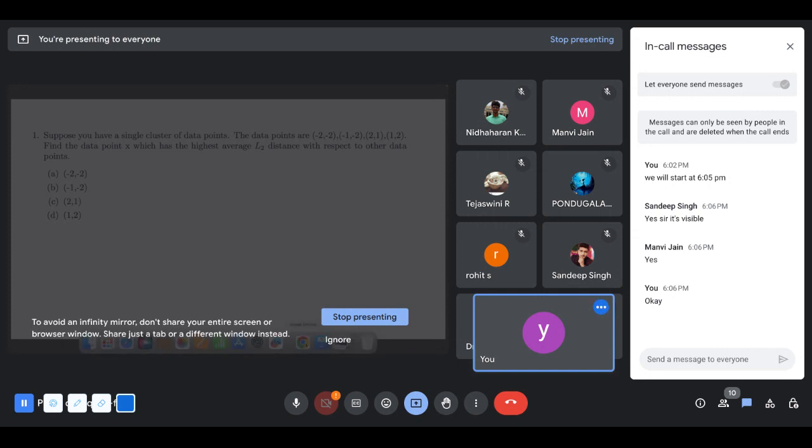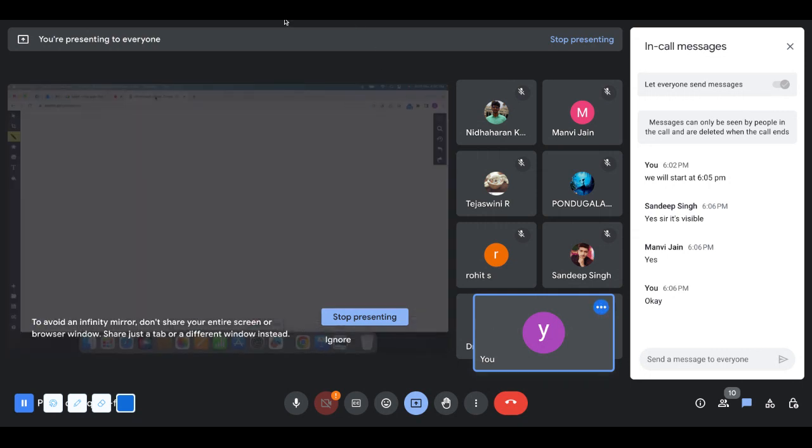So basically, what we will do is very simple. You are given these points x1, x2, x3, and x4, and you are asked to find which point has the maximum average distance with respect to others. So first you consider x1. Distance to itself is 0, you don't want to include that.